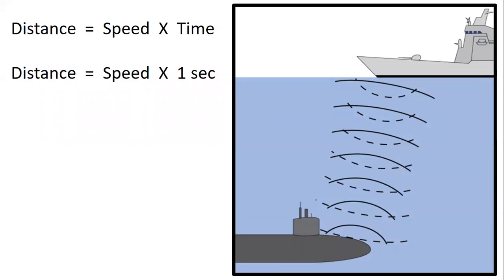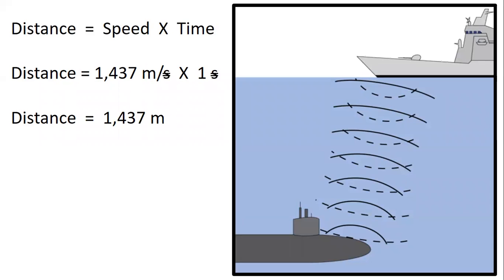The speed of sound waves through the ocean water is 1,437 meters per second. Therefore, the distance from the ship to the submarine is, drum roll please, 1,437 meters.